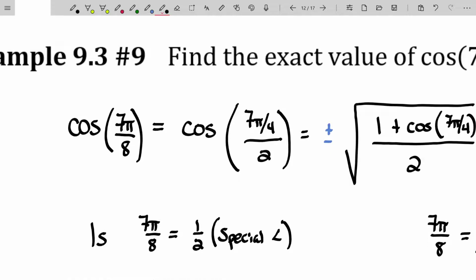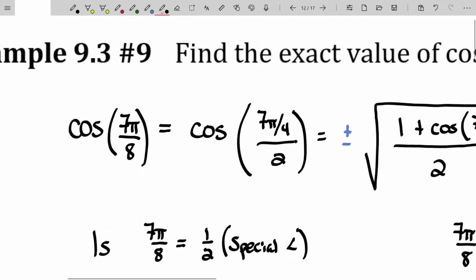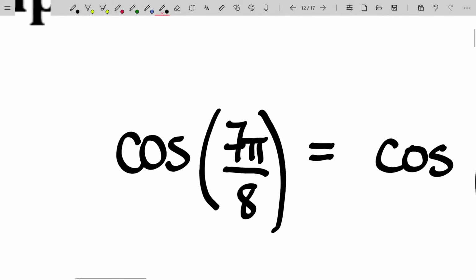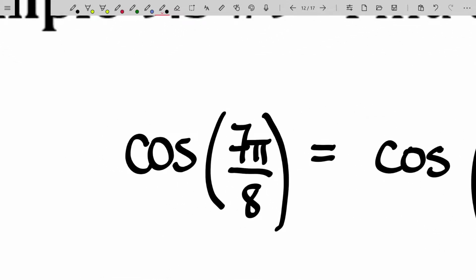The cosine of 7 pi over 8 is not plus something or minus something. It is one number. It is not two. It's not the positive number and the negative number. It's only one answer. So we need to ask ourselves, is the cosine of 7 pi over 8 positive or negative?